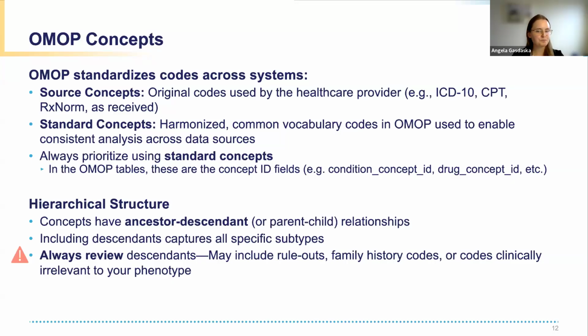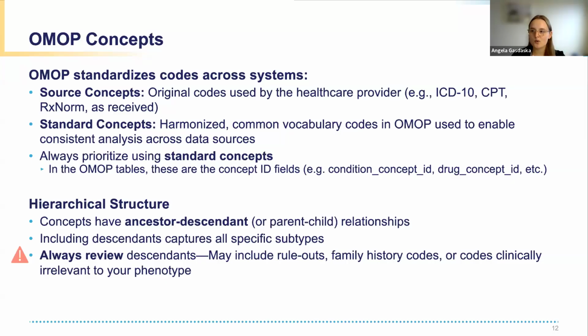Another really important thing to understand about OMOP concepts is that they have a hierarchical structure, with ancestor-descendant relationships. For example, type 2 diabetes with complication would be a descendant of type 2 diabetes, which would then be a descendant of diabetes in general.